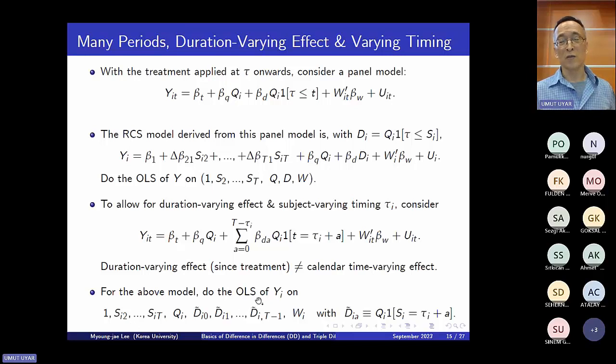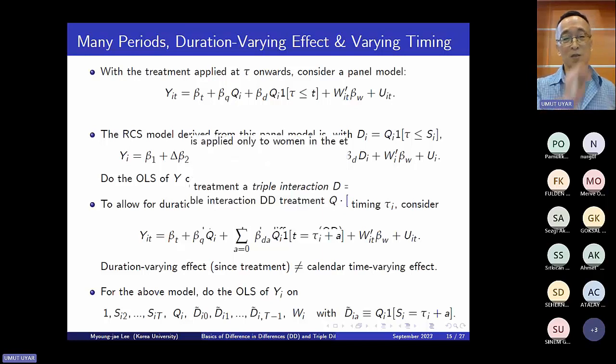That will be OLS of Y on sampling dummies, Q, and these treatment dummies showing how long ago you were treated in each year. So with this, you can estimate the DD effect using RCS data.